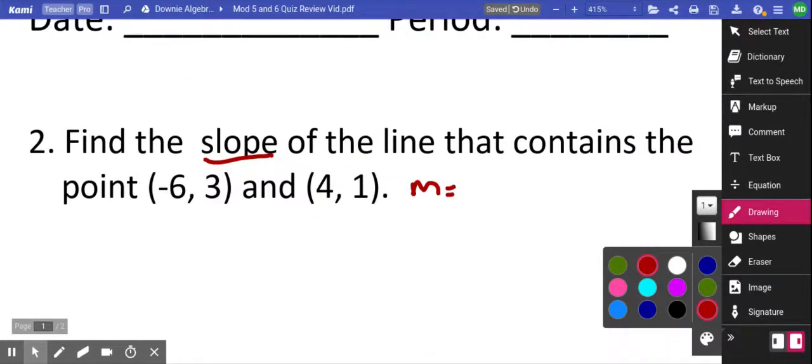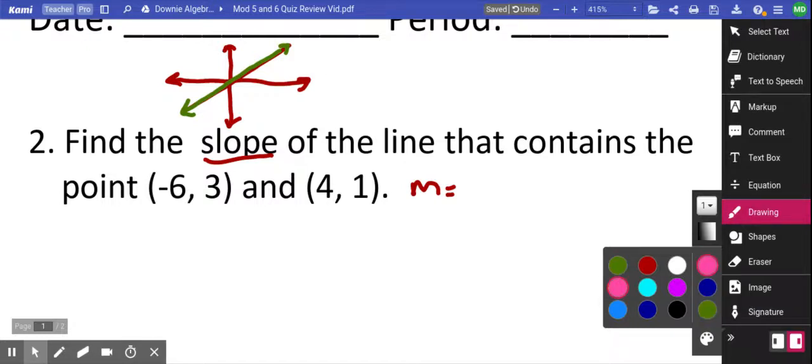If I were to draw a line on a coordinate plane, the slope of this line would be the change in my vertical direction in reference to the change in my horizontal direction.